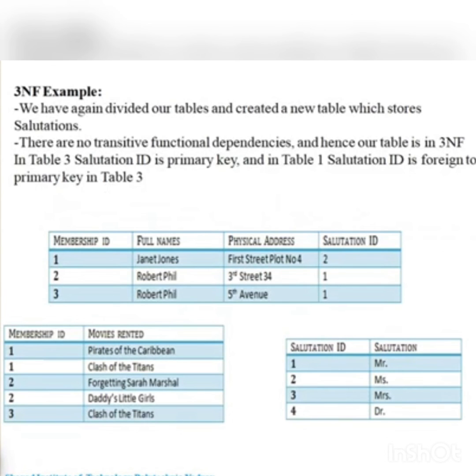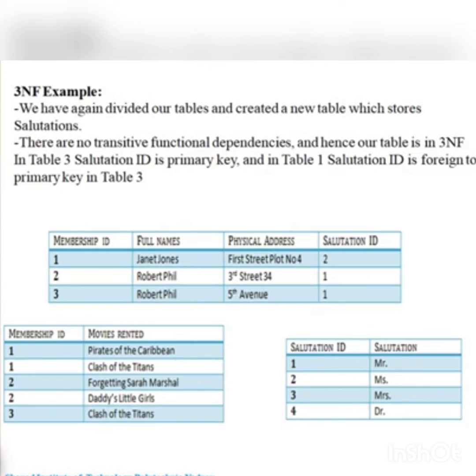Now here one example of third normal form is given. We have again the first table, which includes membership ID, full names, physical address, salutation ID. Now this table is divided into two tables: membership ID, movies rented, and salutation ID, salutation.